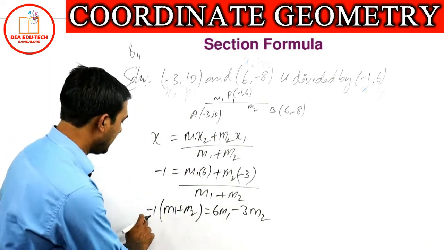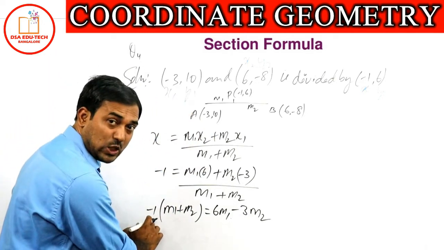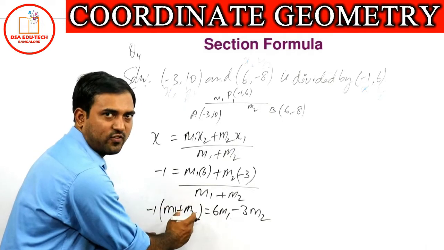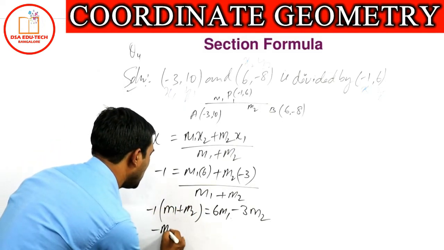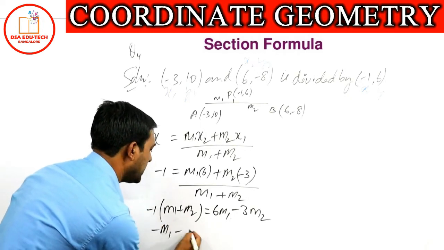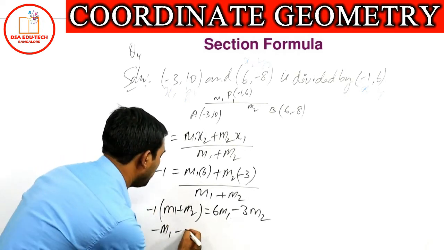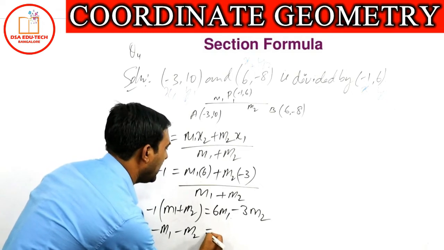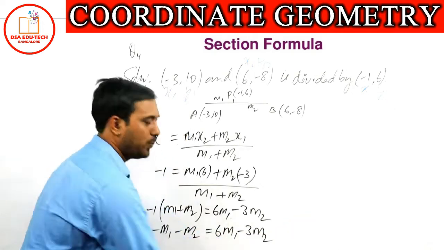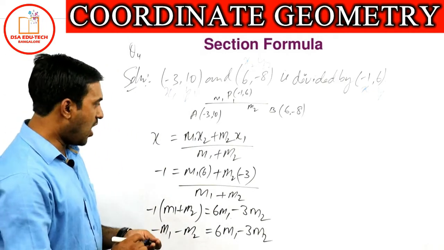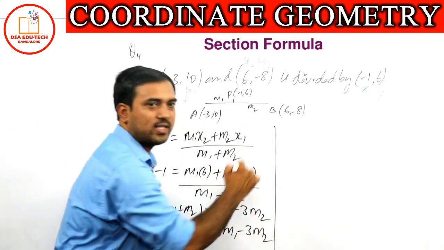Clear? Then minus 1 into (m1 plus m2) is in factor form, so I can multiply: minus 1 into m1 is minus m1, and minus 1 into m2 is minus m2, equal to 6m1 minus 3m2. Clear? Now we are very close to the answer.